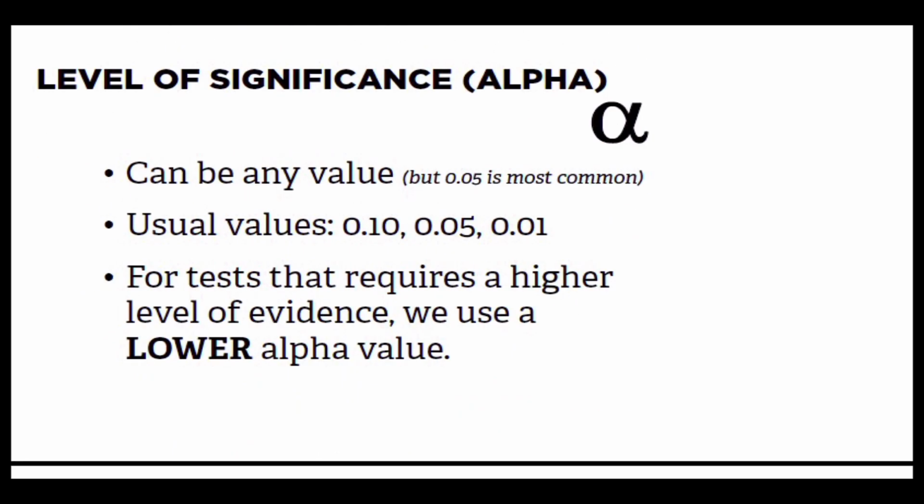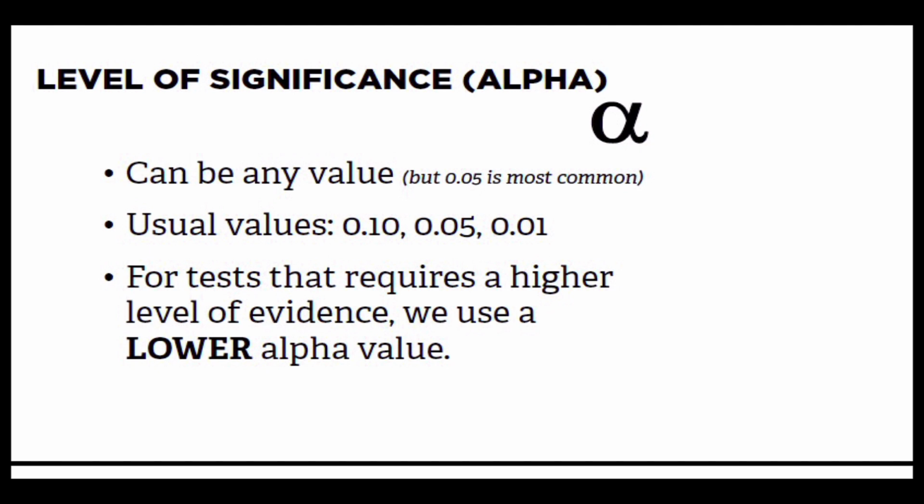Significance level can be any value. They'll always tell you the value. And if they don't, use 5%. Does that sound familiar? That's the 5% that we didn't use in the 95%, right? 95 was the default last chapter. That's very much the reason why 5% is the default.